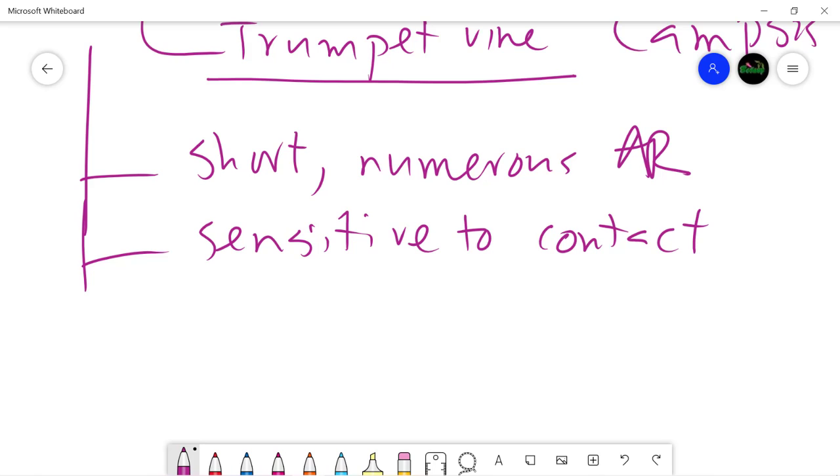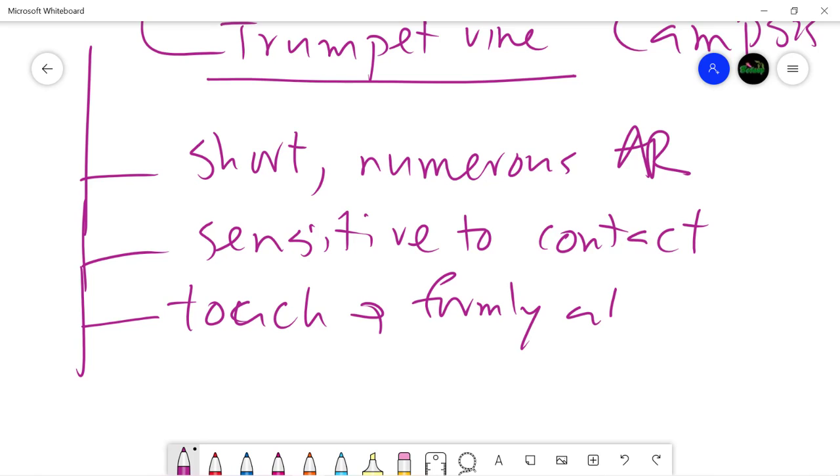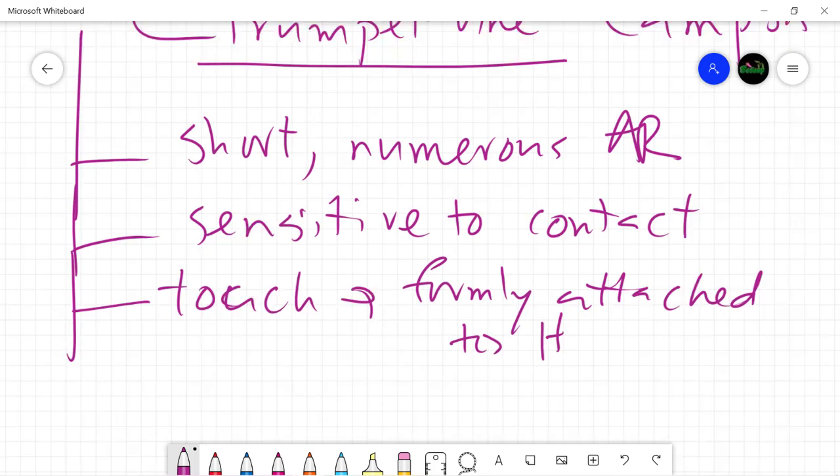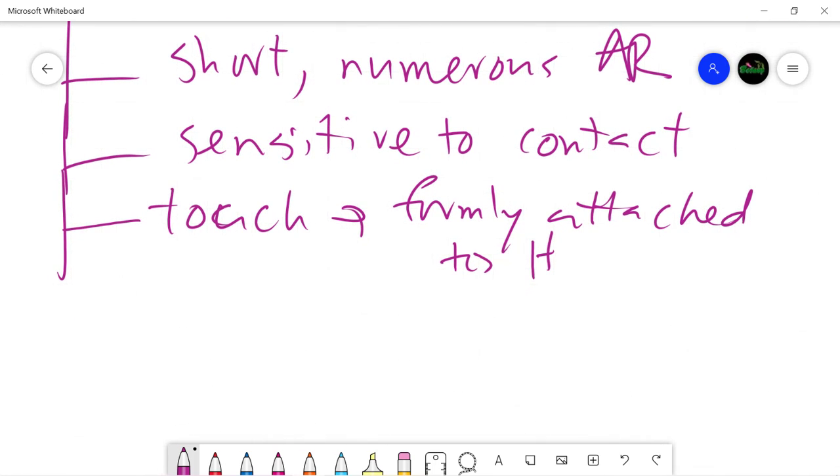So when they come in contact with a support, which in forests is mostly tree trunks, and in case of houses, like I have just given the example of trumpet vine, it may be a wall, and it even can be a stone, and things like that. So they are sensitive to contact, and whenever they touch a support, they get firmly attached to it. And in this way, it helps the weak stem to climb up.